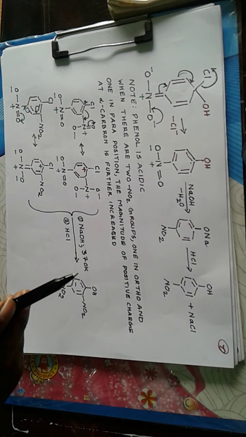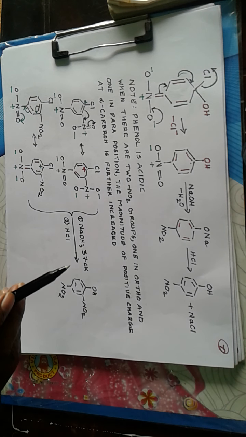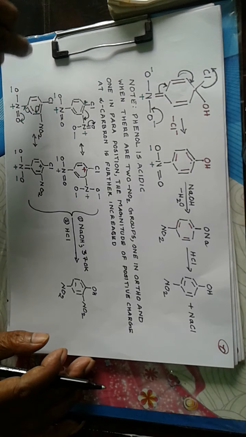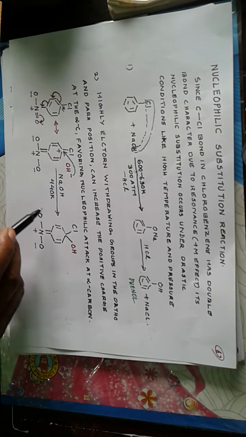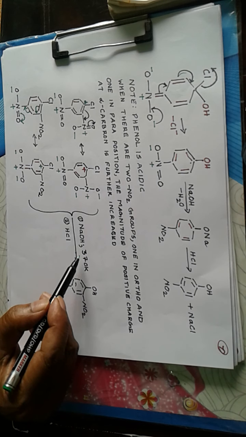Now in the previous case, in the case of para-nitrochlorobenzene, we used about 440 Kelvin and NaOH. So high temperature, 440 Kelvin, was used. Now here the temperature used is 370 Kelvin.